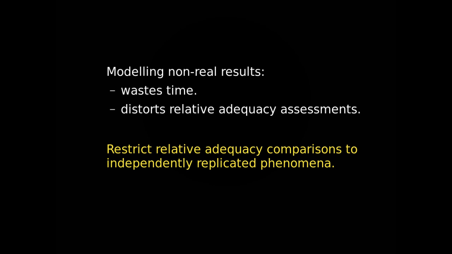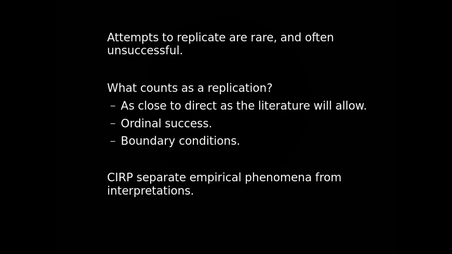Now, there are a couple of objections that might be raised against independent replication as a minimum data quality standard for model evaluation. The first might be that attempts to replicate are rare in psychology, and that where replications are attempted, they're often unsuccessful. So, one fear is that applying a criterion of independent replication would leave no phenomena to examine within a particular domain.